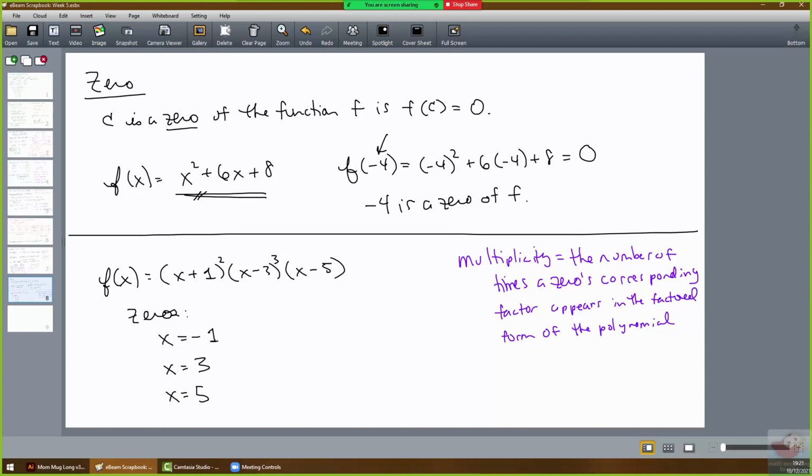So x equaling -1 corresponds to the factor x plus 1. And notice x plus 1 has a square on it, which means it appears 2 times. So we would say -1 has multiplicity 2.